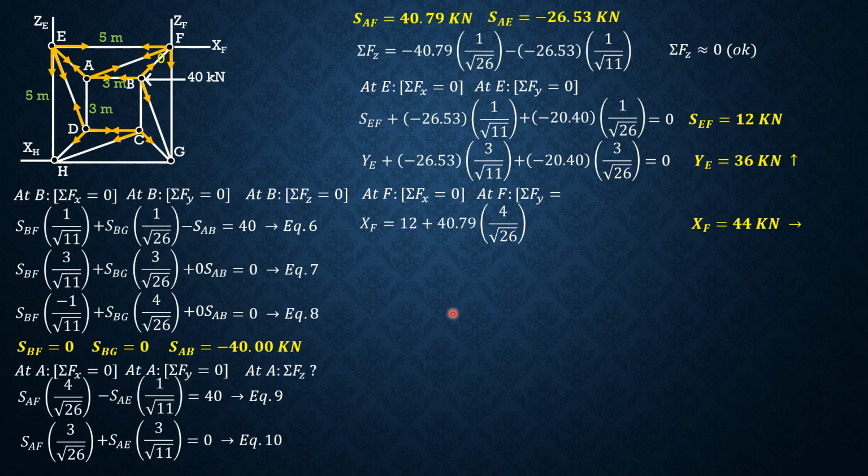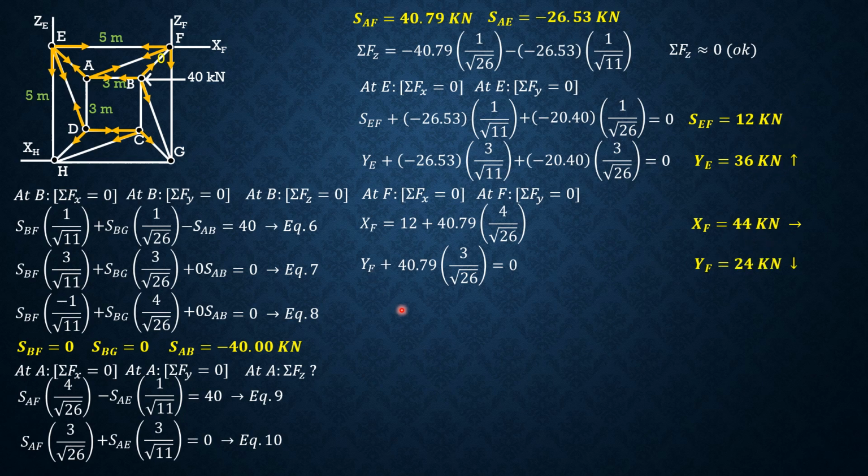Summation forces Y, upward force positive. So let's assume again that the vertical reaction at F is pointing out of our eyes, so upward, and there's only one force that is upward also, AF. So YF plus AF, which is 40.79 times 3 over square root of 26 equals 0.